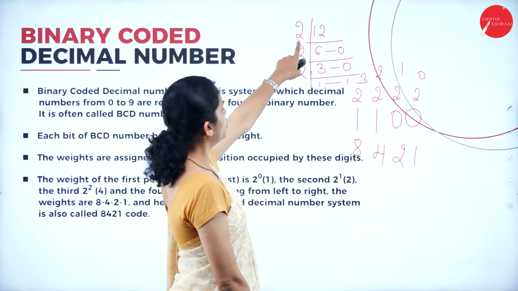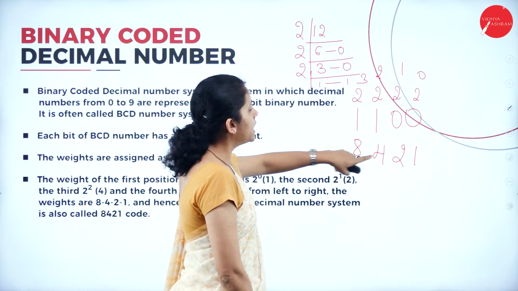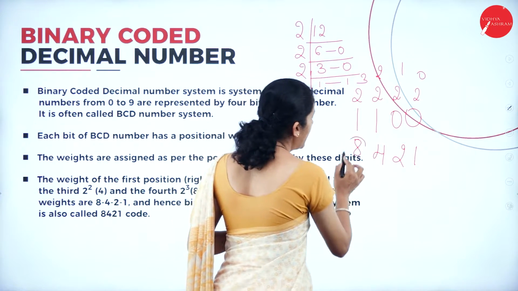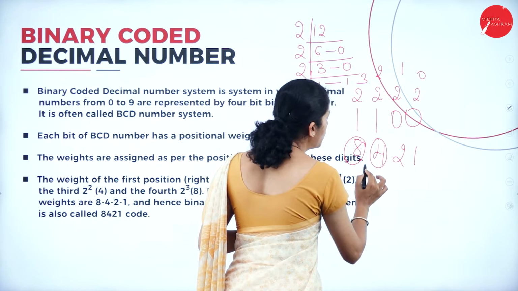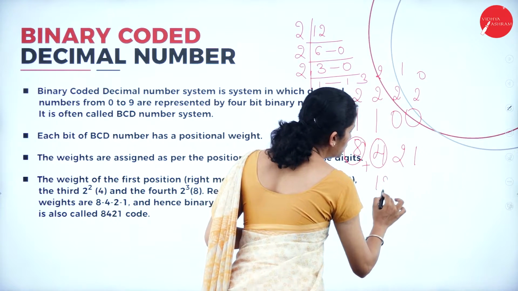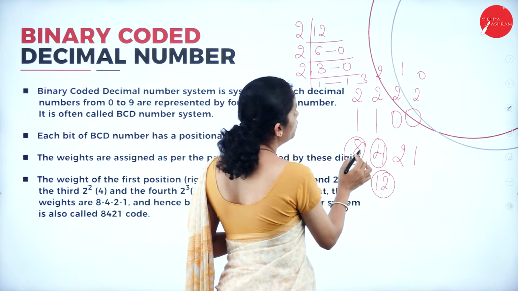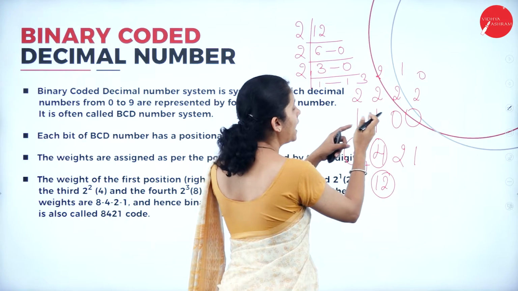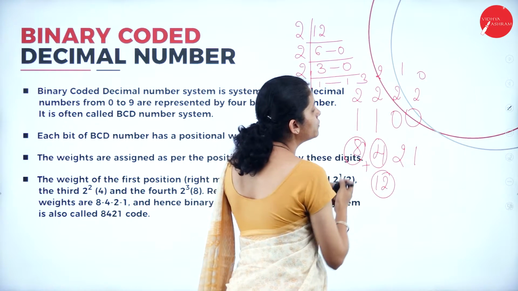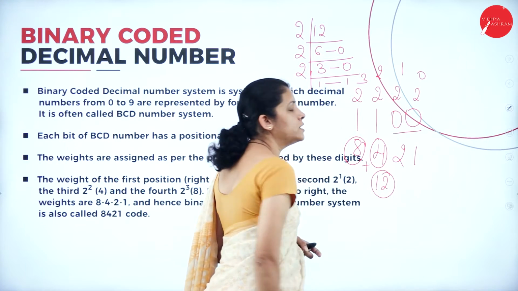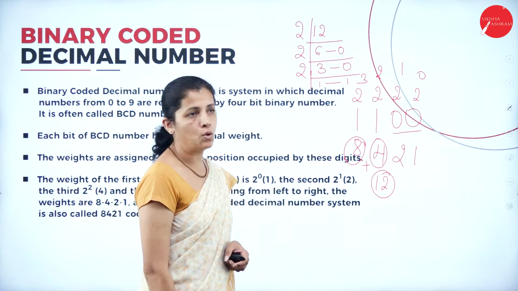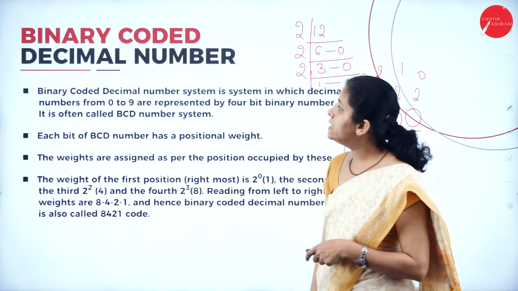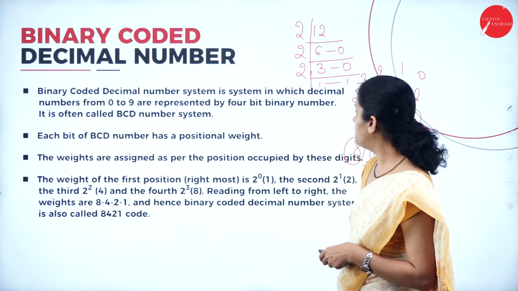And if I want to get 12, which digits do I want to add? That is 8 plus 4, which is 12. So I write 1 1 in the places of 8 and 4, and for the rest of the positions, I write 0. And this kind of representation is known as binary coded decimal numbers.